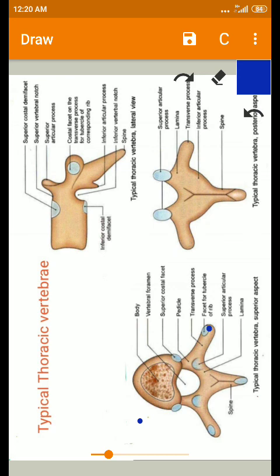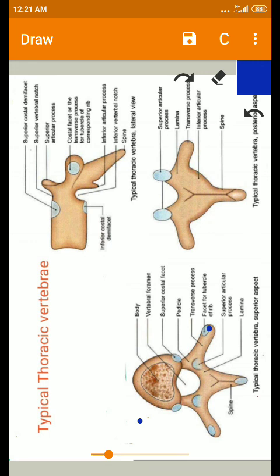In this I have explained the osteology both for practicals as well as theory. If they ask for your practicals, you have to explain from the identification: how can you identify this bone, and what features are present in this vertebra which differ from other regions of the vertebral column.